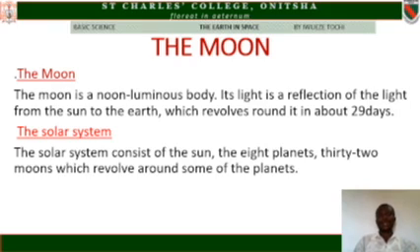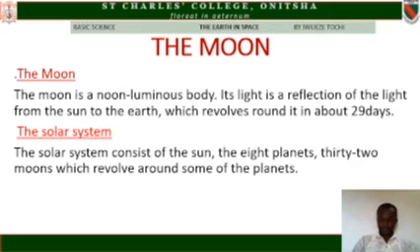The solar system. The solar system consists of the sun, the 8 planets, 32 moons, which revolve around some of the planets.